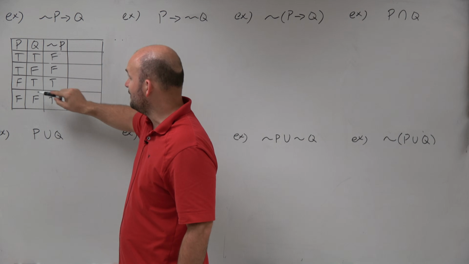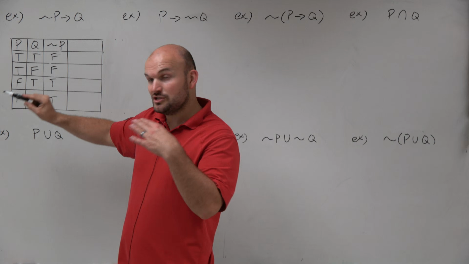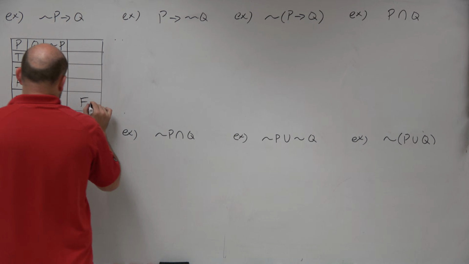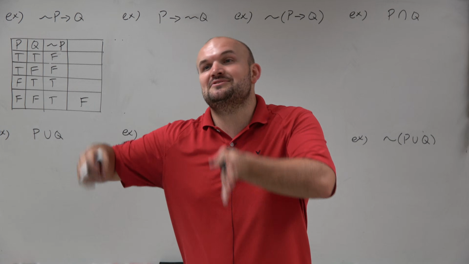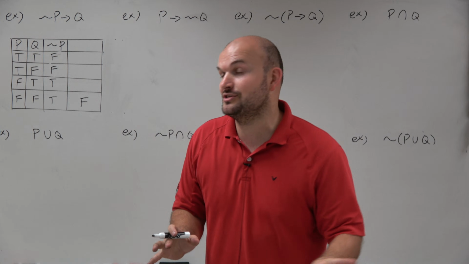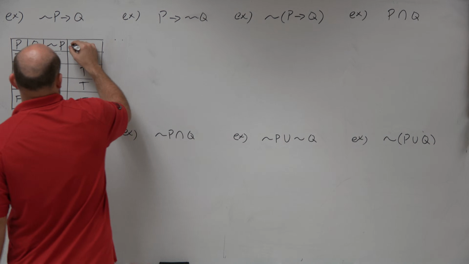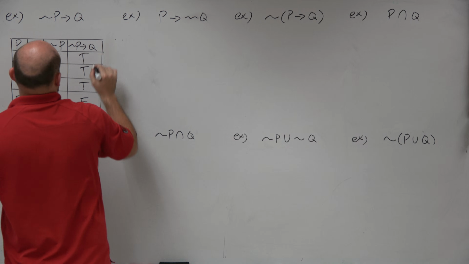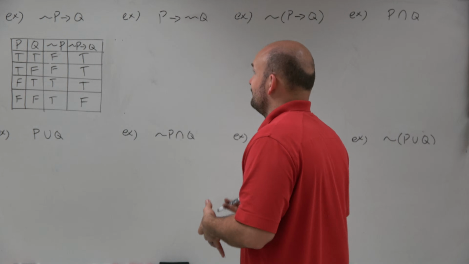So it's going to be true to false for if not P, then Q. Once I found my true to false, I know that's false. And remember, conditional statements are only false when you go from a true hypothesis to a false conclusion. All the other statements are true. That makes your life a lot easier, to find that false first.